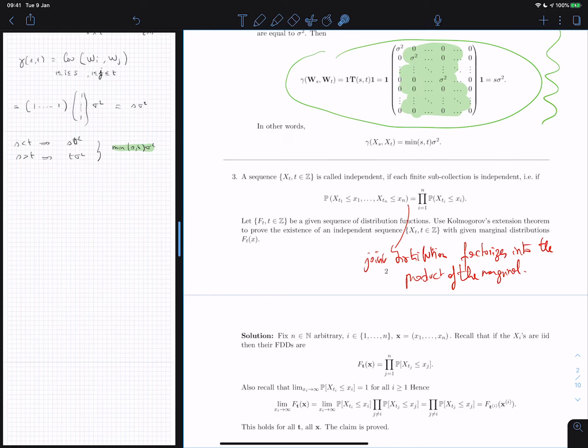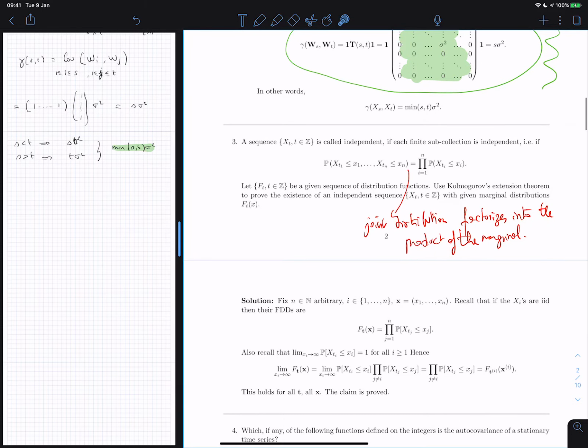And the question is, if we're given a sequence of independent distributions, can we guarantee that there exists a stochastic process which has these given marginal distributions which are pre-assigned?